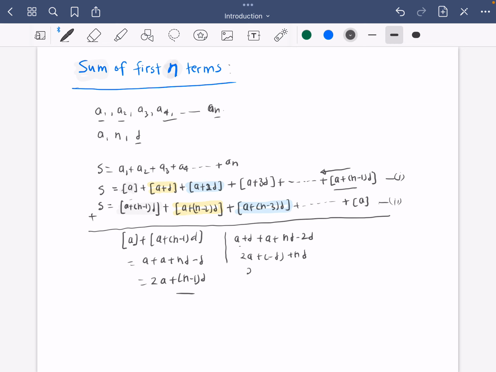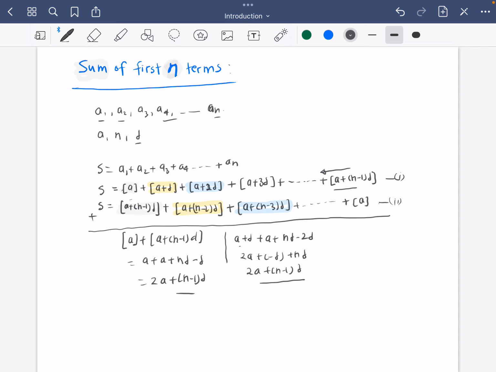So it's going to be 2a plus n minus 1 times d. And it's true for each term: for the third term plus the third last term, if you add those, you will get the same result, 2a plus n minus 1 times d.